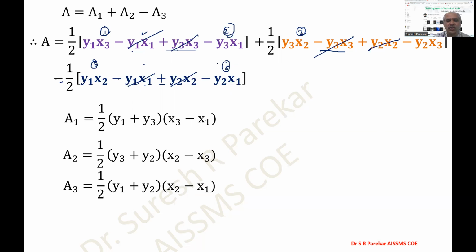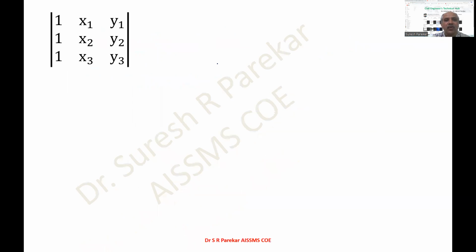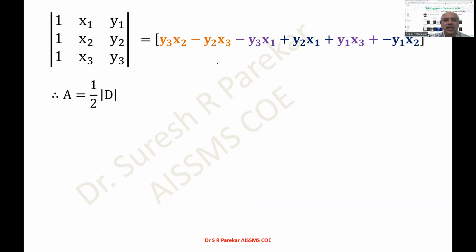So we will write these terms below. That is the area of this, that is equal to this. And then if we go for this determinant, then these are the values we are going to get. So this is nothing but our value of the determinant.